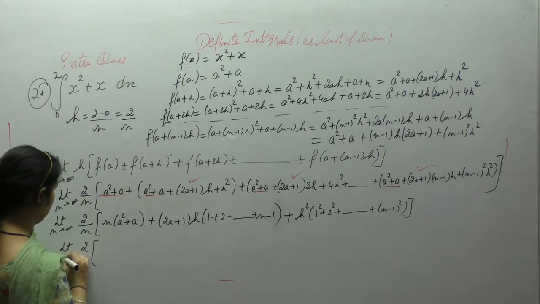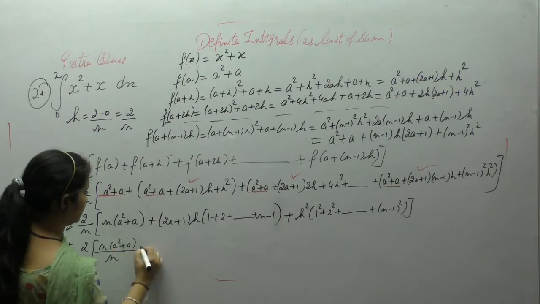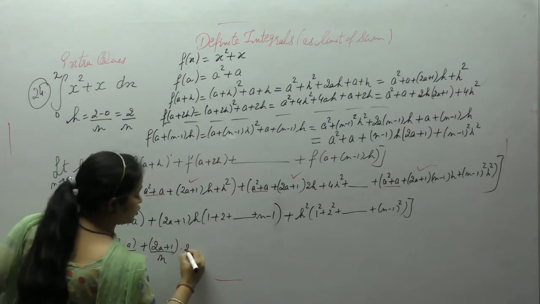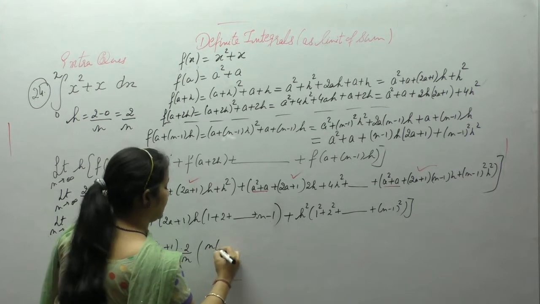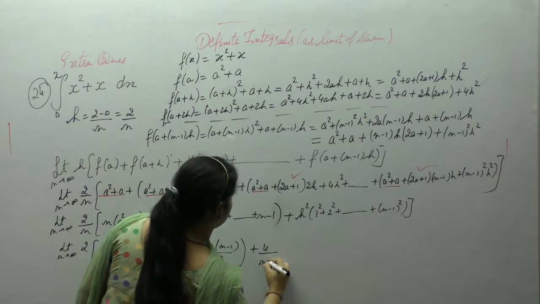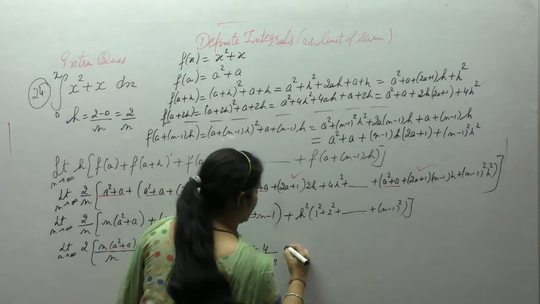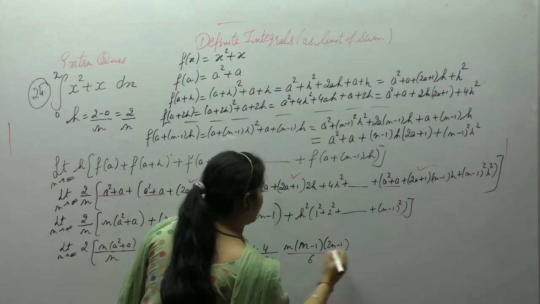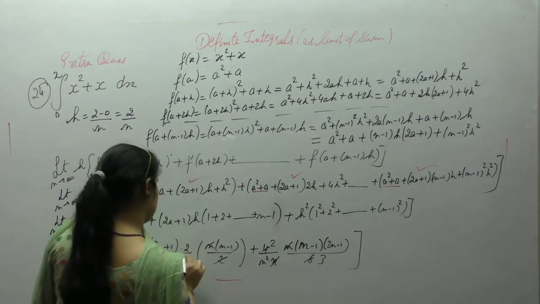Limit n tends to infinity, n times (a square plus a upon n, 2a plus 1 upon n), h is 2 by n, sum of n minus 1 terms of AP is n minus 1 by 2, h square is 4 upon n square, and the sum of squares of n minus 1 terms is (n minus 1)(2n minus 1) upon 6. Now put the values.